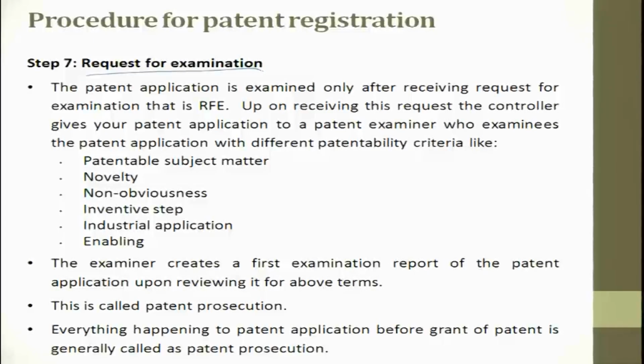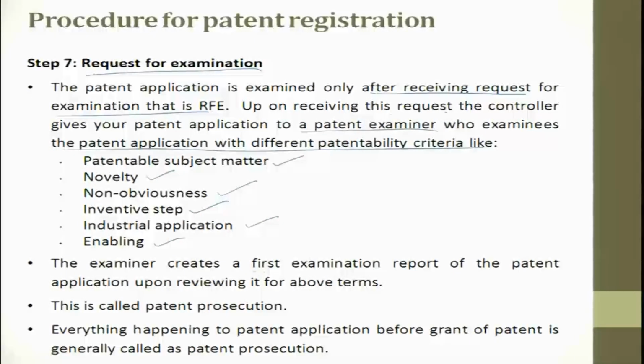Request for examination. The patent application is examined only after receiving the request for examination, that is RFE. Upon receiving this request, the controller gives your patent application to the patent examiner, who examines the patent application against different patentability criteria like patentable subject matter, novelty, non-obviousness, inventive step, industrial application and enablement, and then if the examiner gives a clear go ahead, then you file a patent.